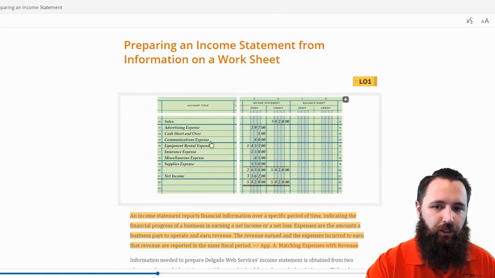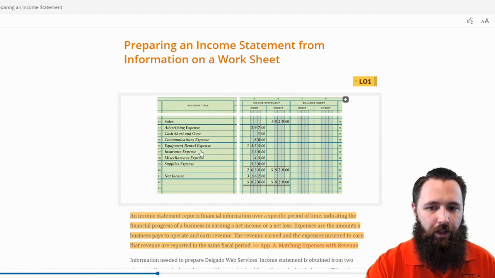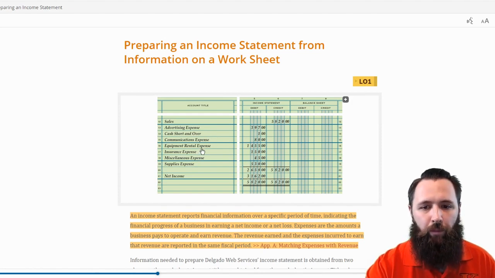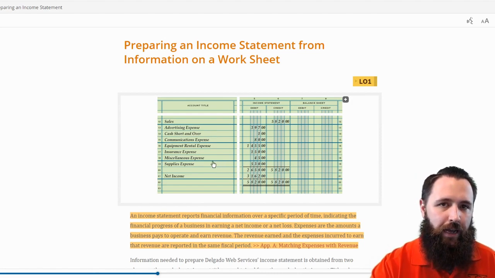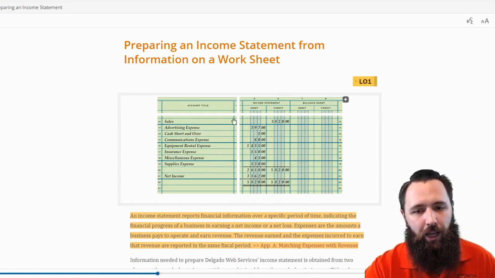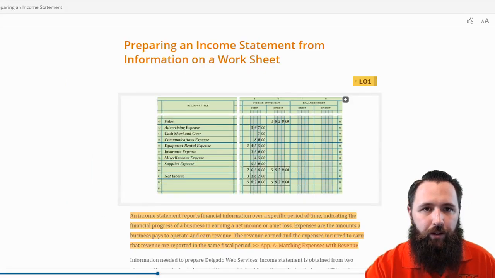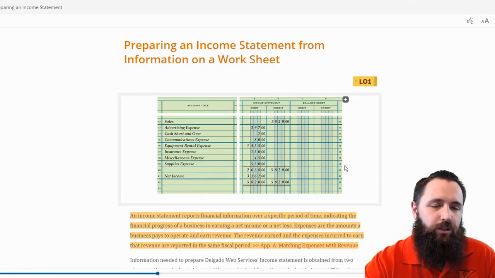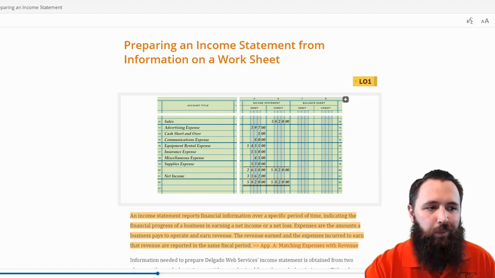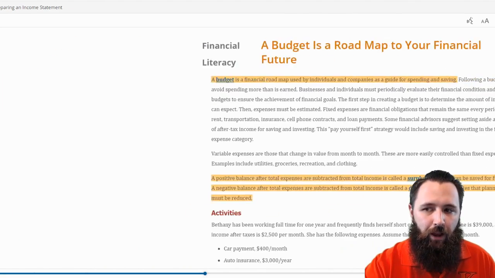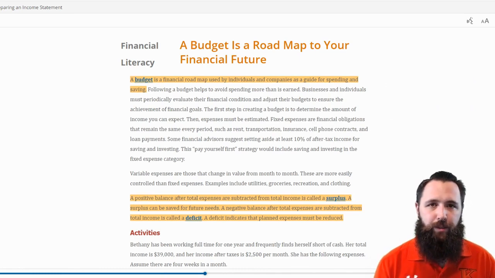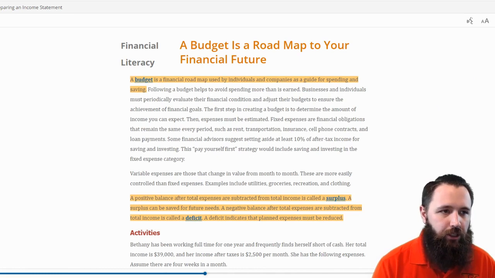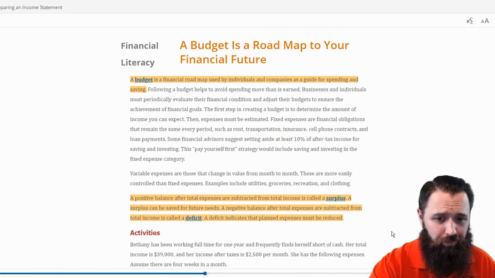Like, what if we didn't have a budget for any of these expenses and we just spent $1 million on equipment rental? Well, then our net income is going to be a net loss and we're going to lose a bunch of money. So when we look at this, it's just important to plan out kind of how much money we can actually spend. And that's just running any business or running your own personal life responsibly, is having that budget.